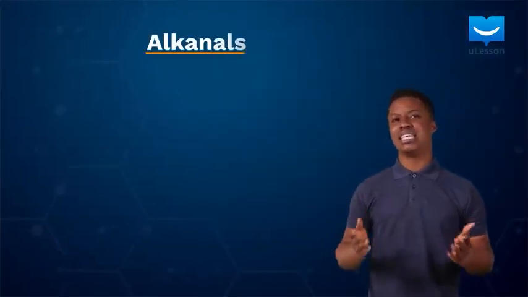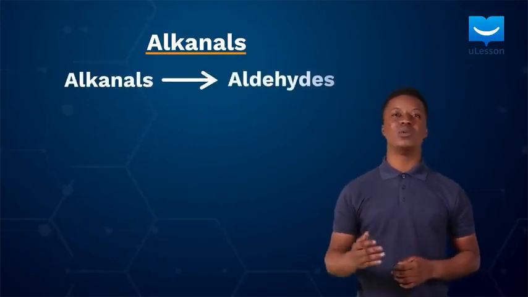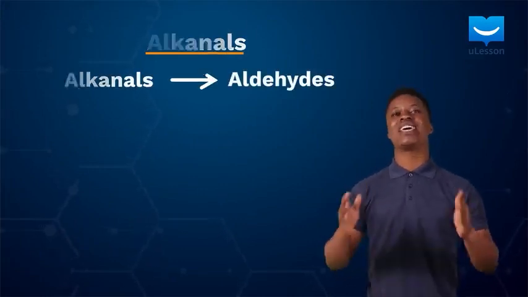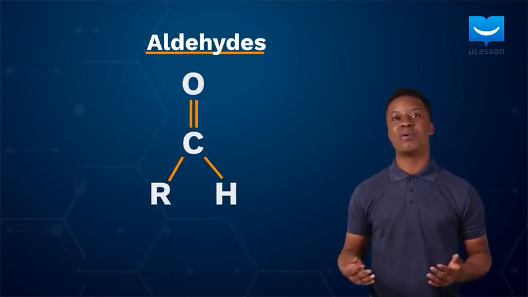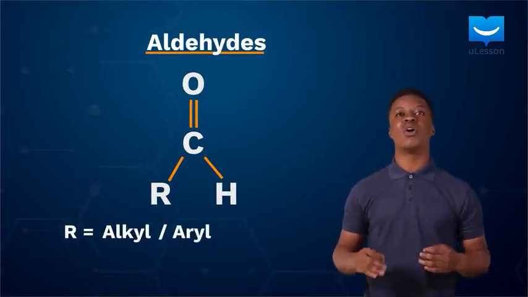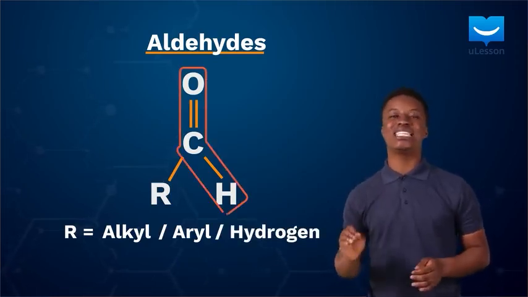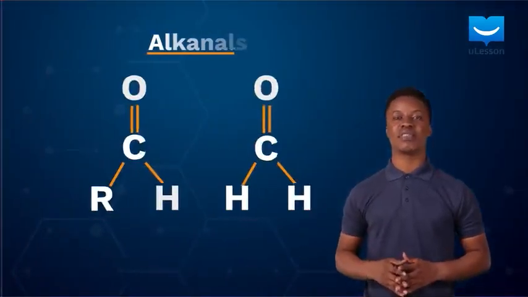Let's begin with the alkanals. Alkanals are also called aldehydes. Now, aldehydes are carbonyl compounds with an alkyl or an aryl group, or a hydrogen atom bonded to a CHO functional group.